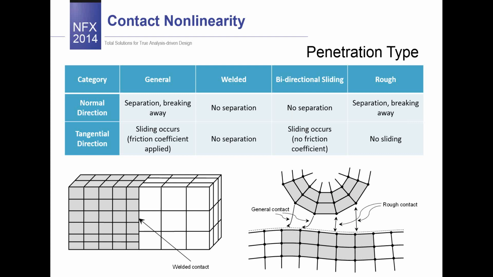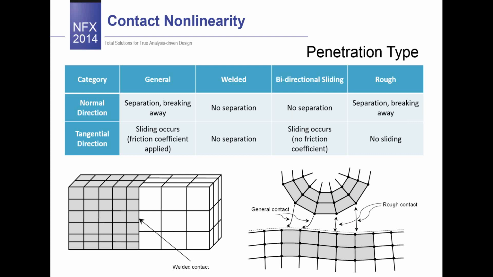If you take a look at the table, let's start from the general penetration type. General contact allows separation and sliding with resistance proportional to a user-defined coefficient of friction.